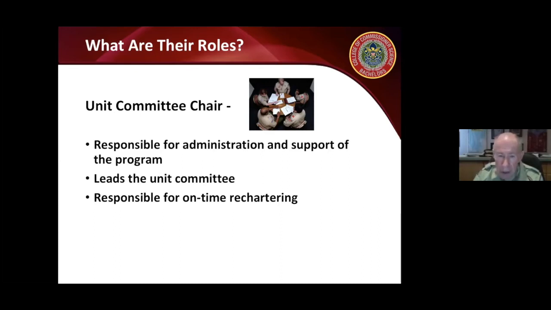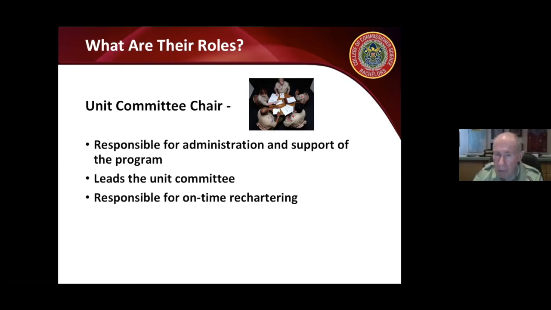We typically suggest that the unit rechartering be started as early as August, when the unit expiration is the end of December. It seems pretty early for some, but we need to verify who's going to be on that committee.